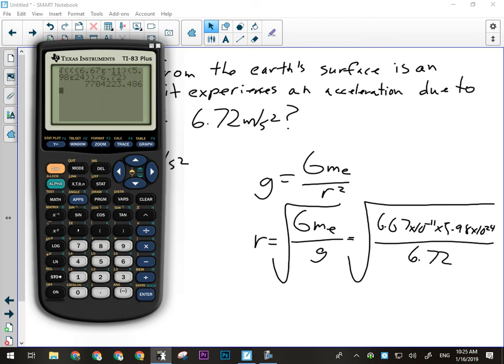All right, so it's telling me that we're looking at 7,704,223 meters from the Earth's center. All right, so now if I want to get the distance from the Earth's surface, I need to subtract the Earth's radius from that.